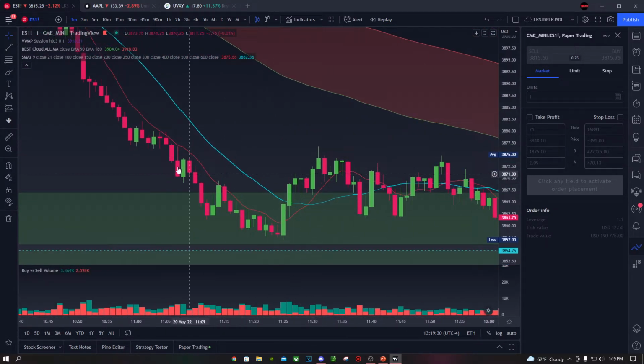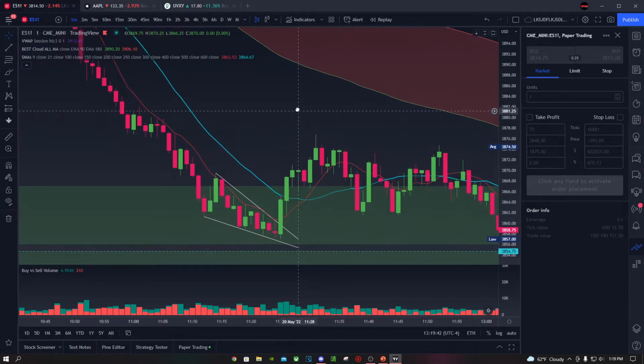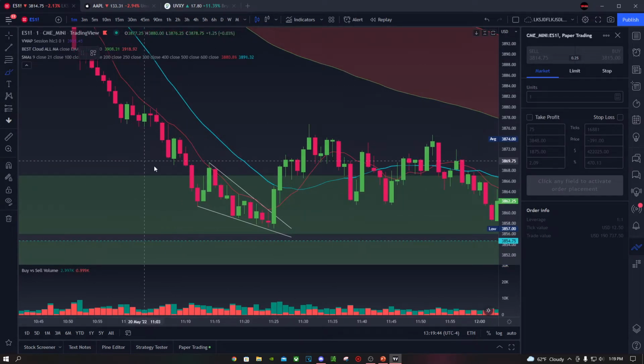Now let's look at this zone. We come into this zone and form a little falling wedge, which is bullish. You see we don't bounce at this demand zone right away, but these institutions are slowly filling their orders in this demand zone here.